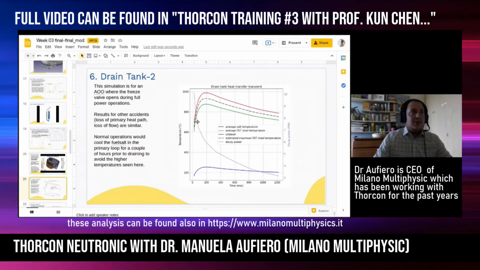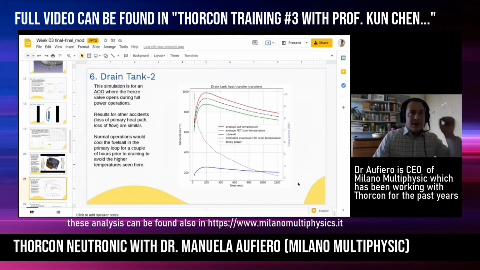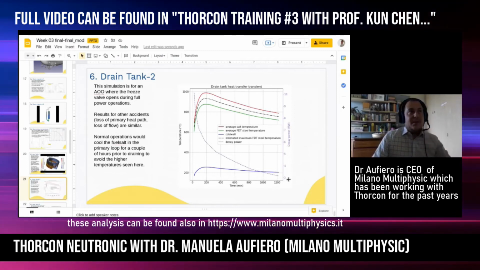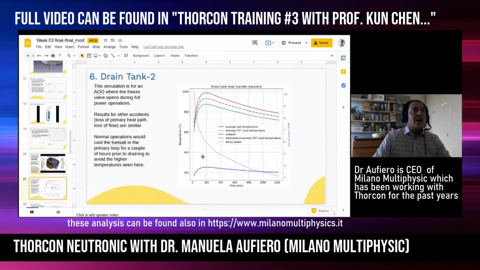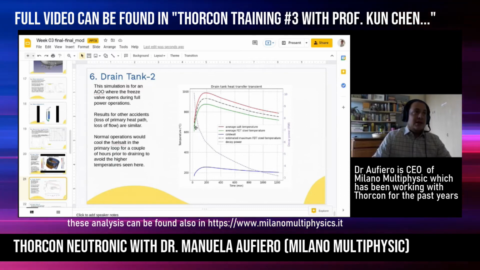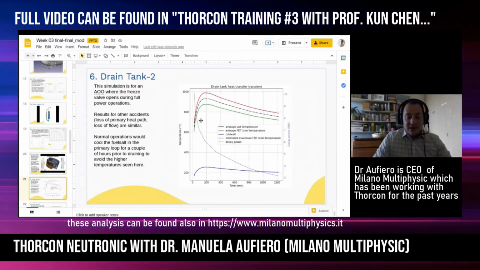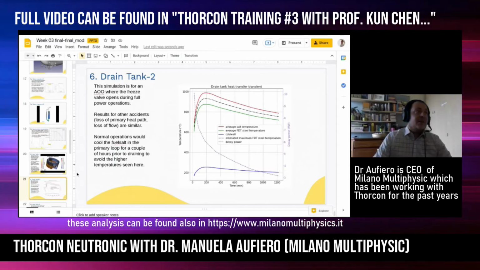So up to several minutes after the shutdown, the power is in the megawatt order of magnitude, and the heat has to be released to the cold wall. This requires a rising of the temperature of the salt and so the temperature of the drain tanks.